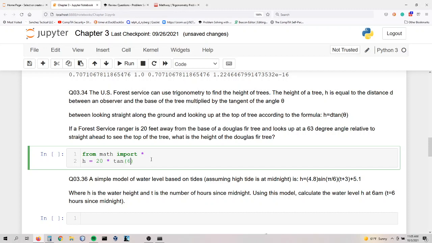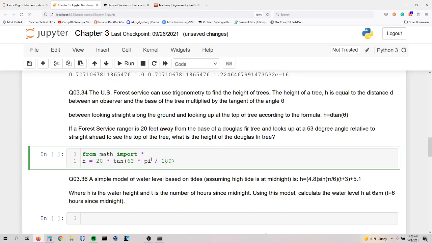And the problem I was having here is I can't just pass in 63 for whatever reason. I tried putting degrees to radians and radians to degrees. I tried a couple of different ways, but it just didn't seem to be working out for me. So what I went ahead and did is I multiplied this by pi and divided it by 180.